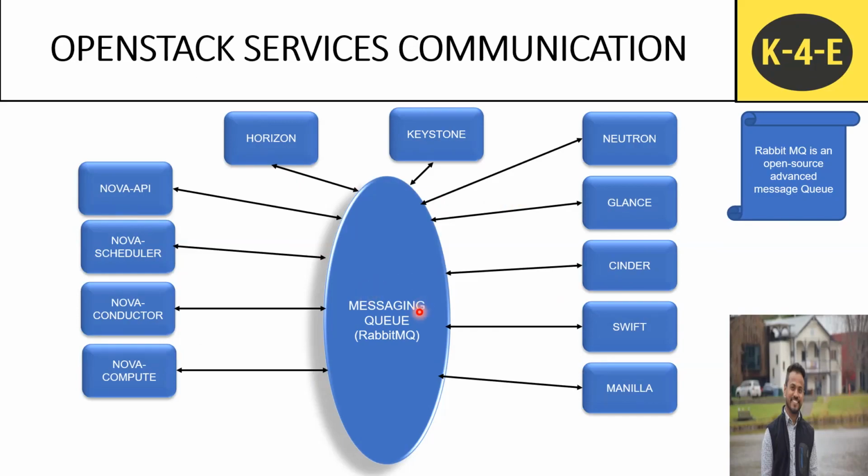So here OpenStack has followed messaging queue technology, and it is from one of the open source software called RabbitMQ. RabbitMQ is an advanced messaging queue. It is not mandatory to have RabbitMQ in your OpenStack, but you will find mostly that RabbitMQ is being used as an advanced messaging queue in OpenStack software.